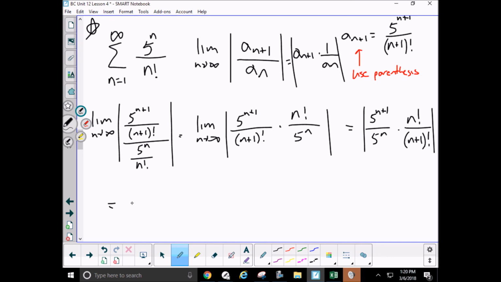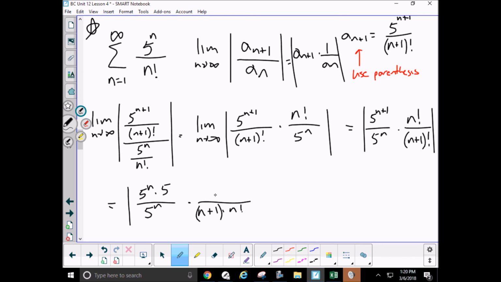Okay, so I'm going to simplify. I'm going to rewrite 5 to the n plus 1 as 5 to the n times 5. I'm going to leave n factorial as it is. I'm not going to write it as n times n minus 1 times n minus 2. And I don't write it that way because I know that n plus 1 factorial in the denominator is n plus 1 times n factorial. n plus 1 times n minus 1 times n minus 2, on and on and on.